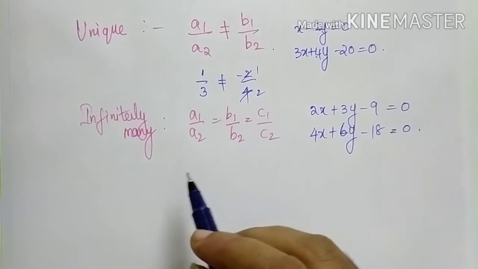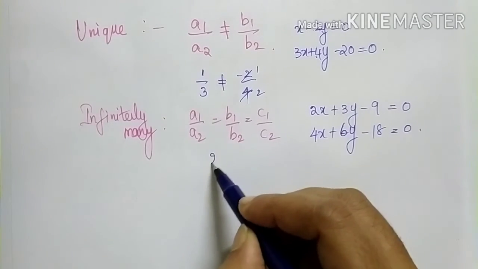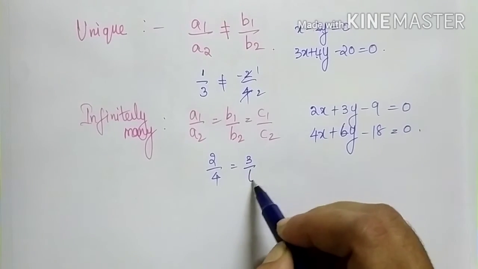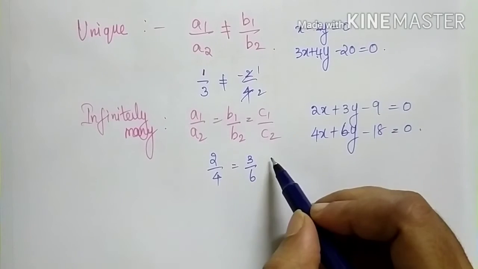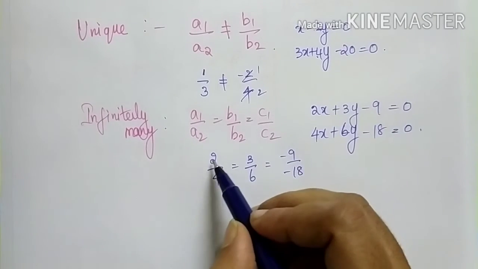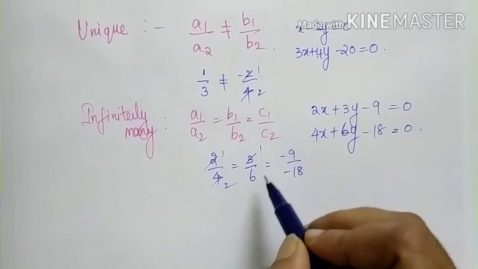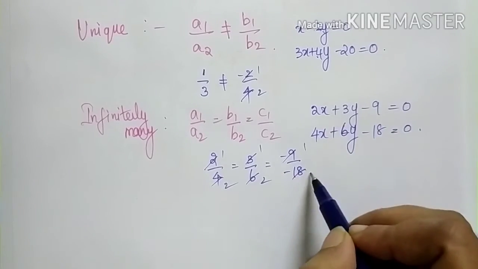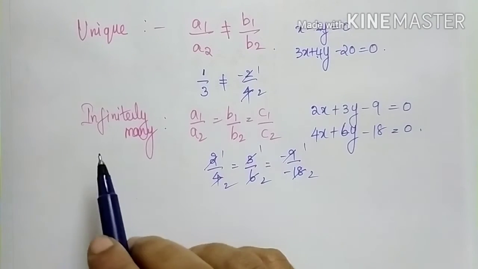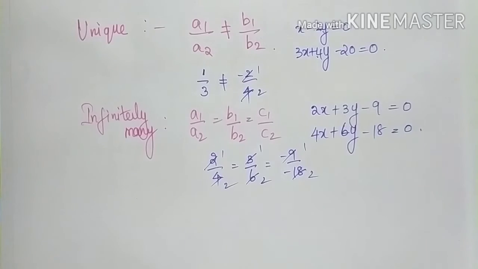When we take the coefficients, a1 by a2 is 2 by 4, b1 by b2 is 3 by 6, c1 by c2 is minus 9 by minus 18. In all these cases we will get just 1 by 2. So all the three values are equal. So this is infinitely many solutions.